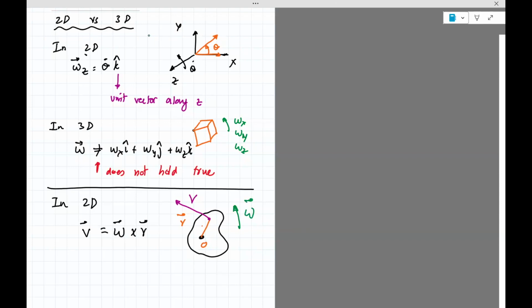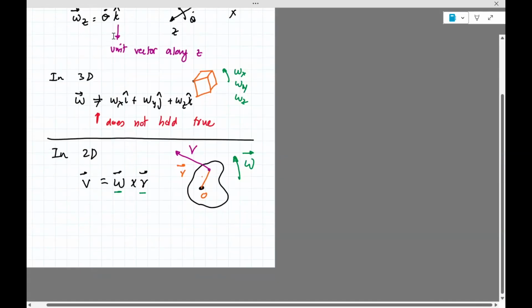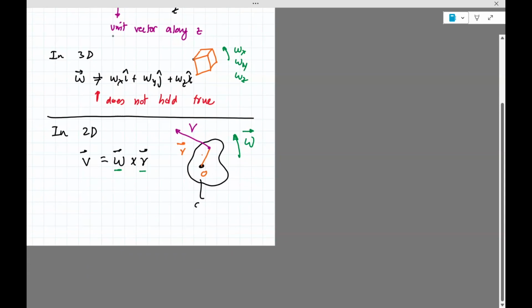Say this is the vector omega. If you know omega, and if you know the distance from the origin, this origin is not moving.